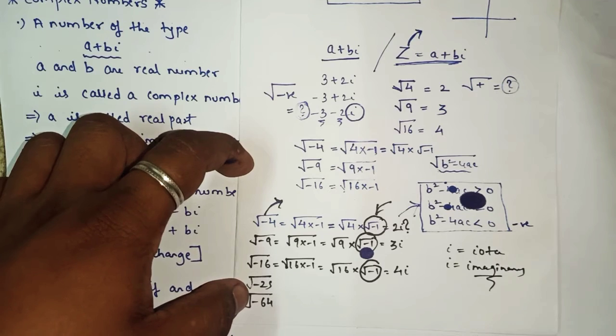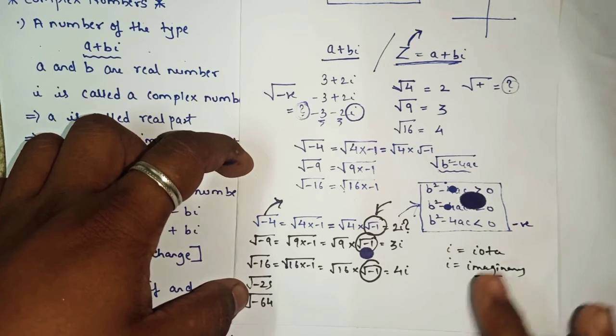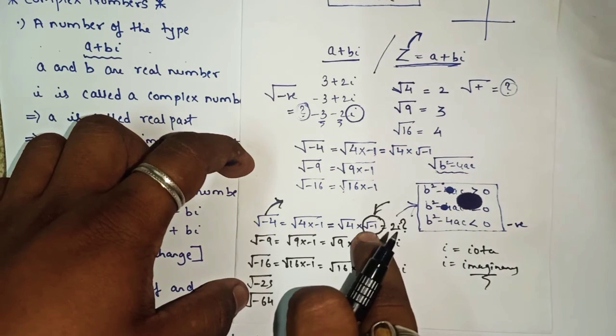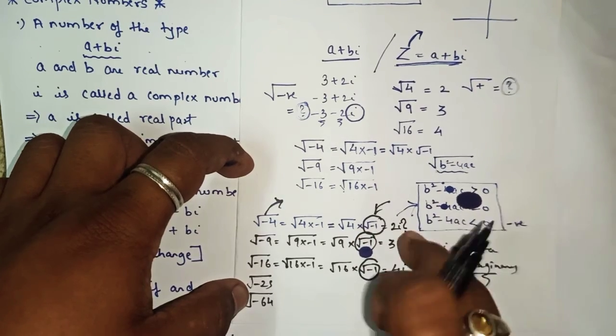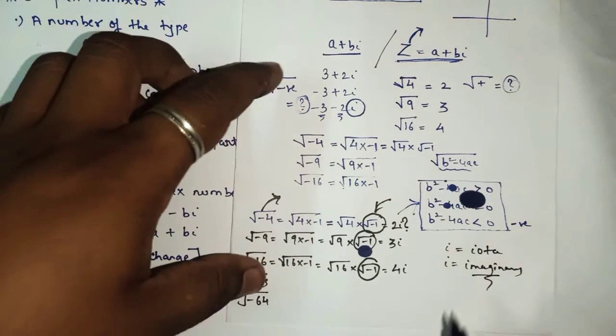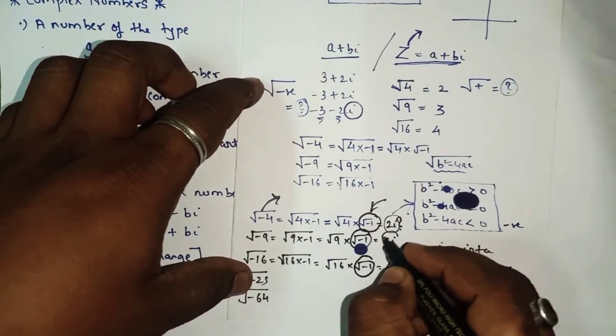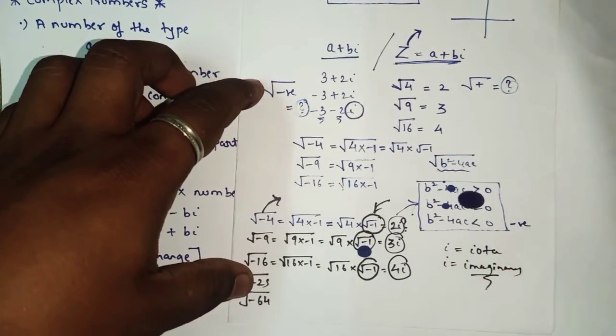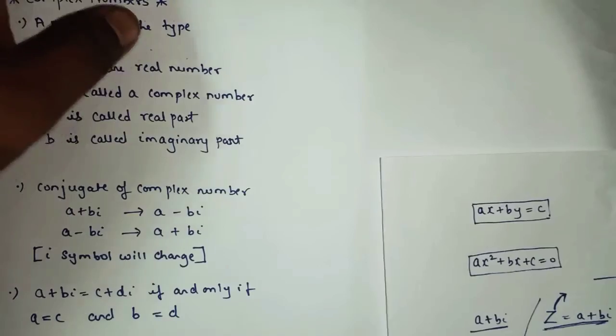So to solve the sum further, he decided in place of root minus 1 we will write I. So I is what? It's an imaginary number, a mathematicians' imaginary number. So he decided to write I in place of root minus 1. In this way he created his chapter, he designed his chapter called complex number.